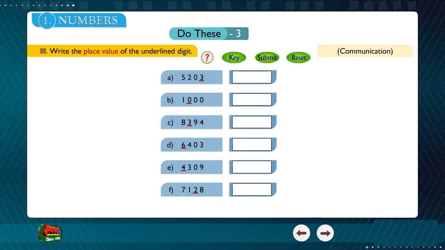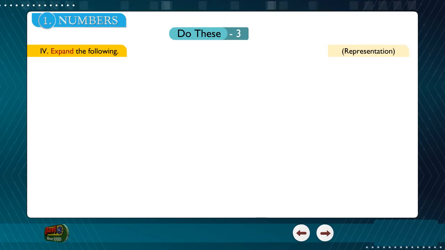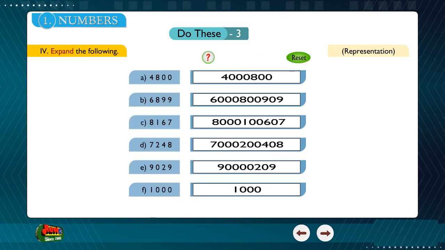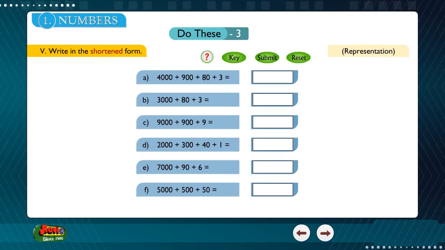Communication. 4. Expand the following. Representation. Five. Write in the shortened form. Representation.